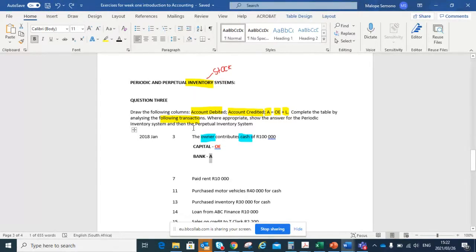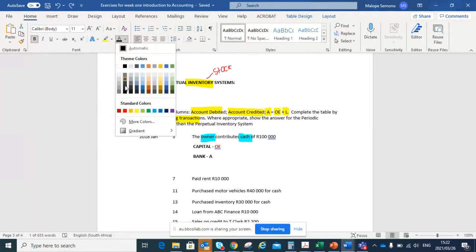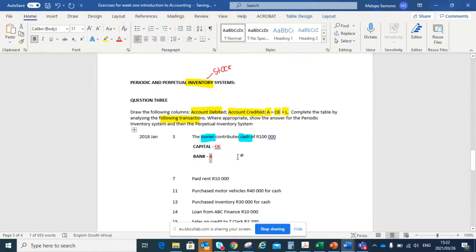After classifying, let me change the color again. After classifying this, we need to check whether they are increasing or decreasing. Who can tell me? Is the capital increasing or decreasing? And what about the bank?